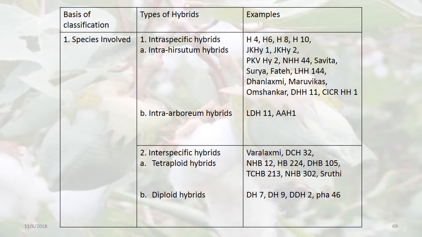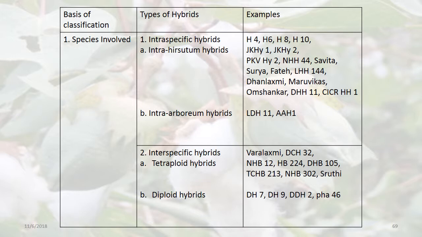Coming to interspecific hybrids, the popular interspecific hybrids are Varalakshmi and DCH32. Tetraploid hybrids are NHB12, HB224, DHB105, TCHB213, NHB302, and Shruti.